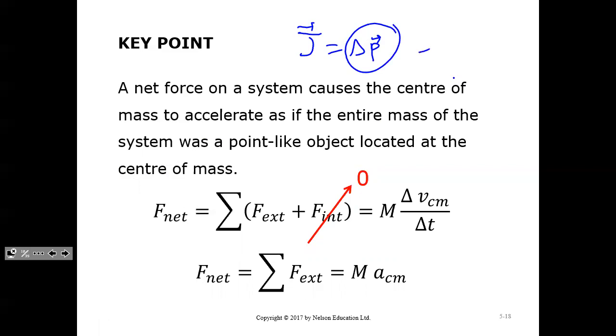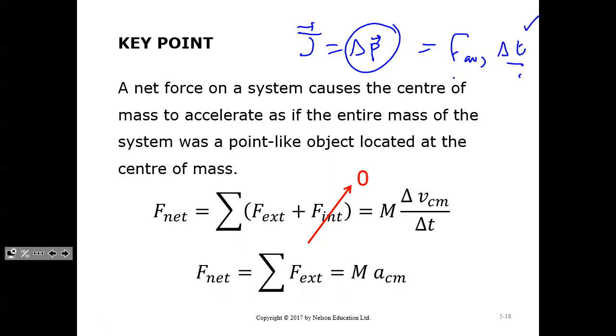And impulse is equal to average force multiplied by delta T. If I know the duration within which the ball is in contact, how much time the force is applied on the object, then we also know this. So we know delta P, we know delta T. I can find the average force in an indirect way. That is one way of finding the average force.